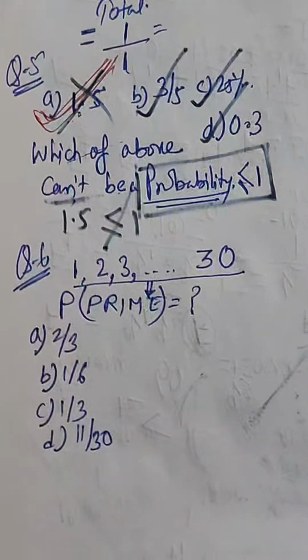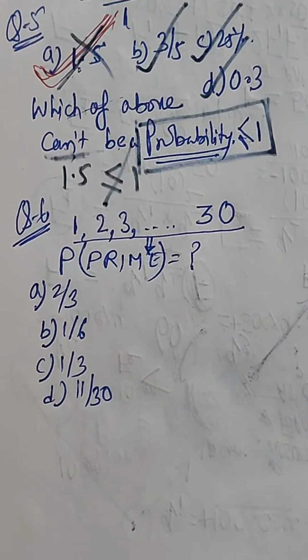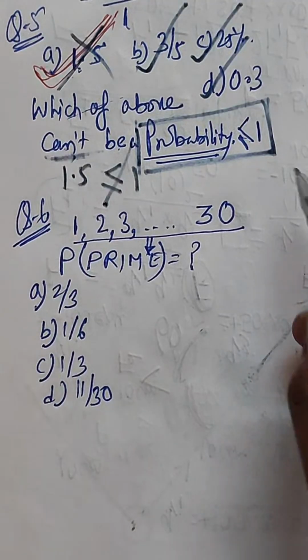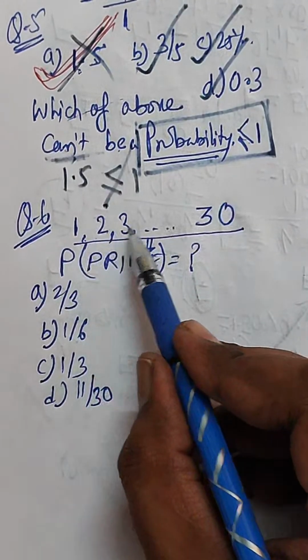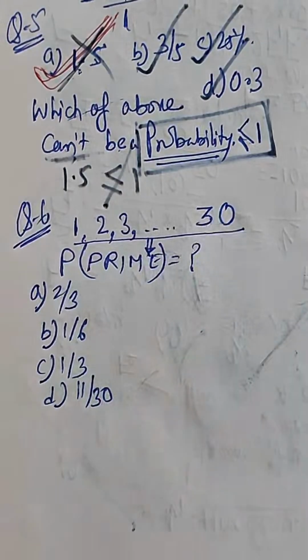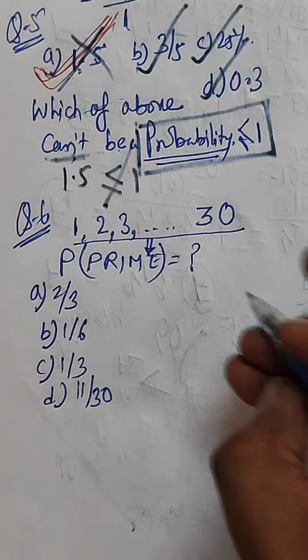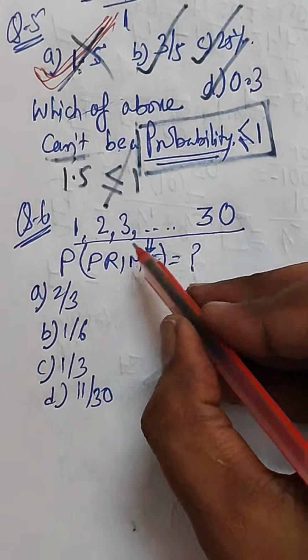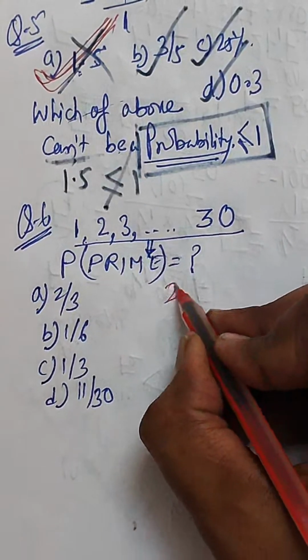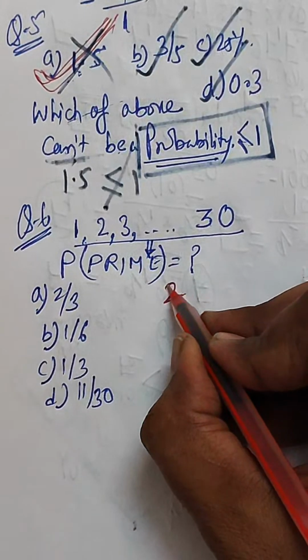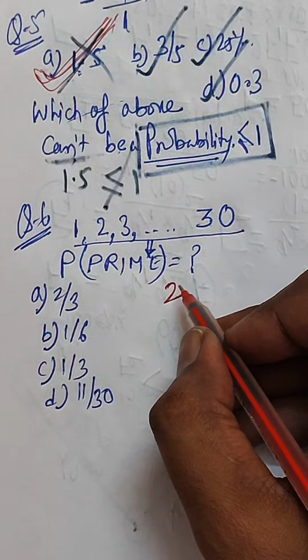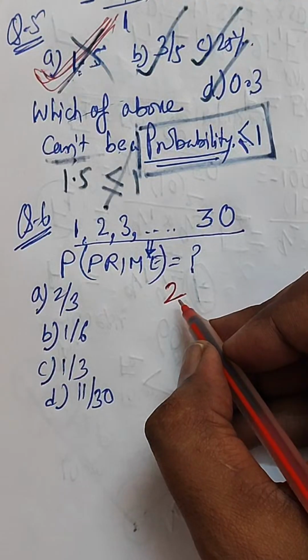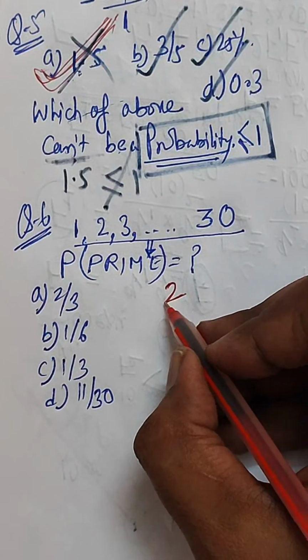This is a question from CBSE which already came in the CBSE examinations earlier. So what is the probability of getting a prime number out of the 30 numbers from 1 to 30? If you recall the prime numbers from 1 to 30, 2 is the smallest prime number, right? And what is the property of a prime number? That it is divisible by itself and 1 only.